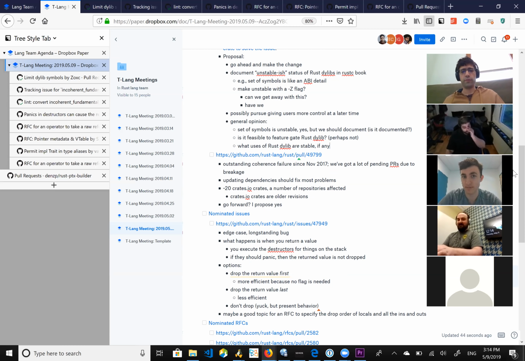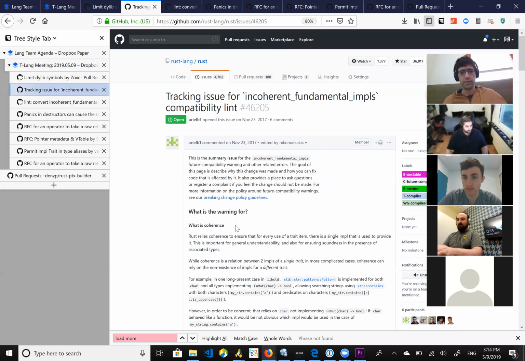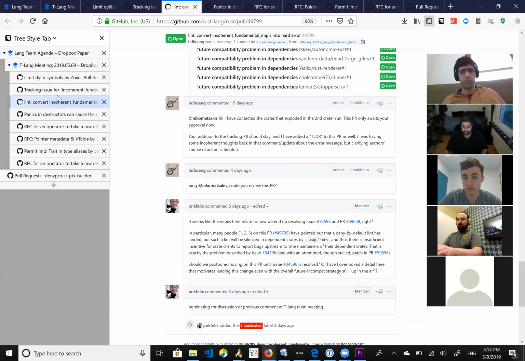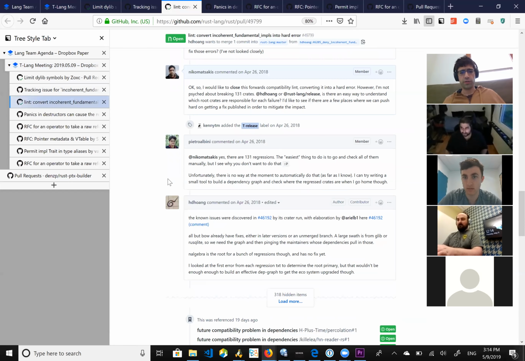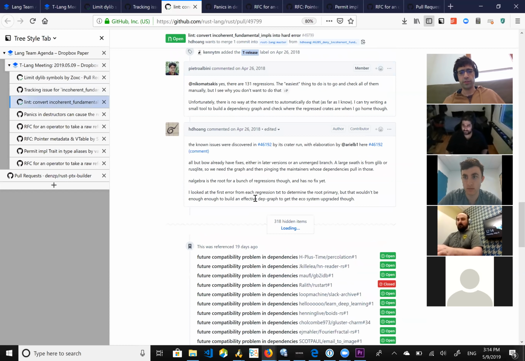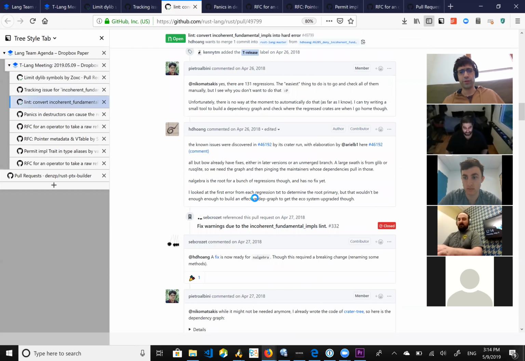We want to go forward with converting this from a warning to a hard error. The set of crates that I saw that were affected were pretty much all 0.1 crates. Oh, it takes forever, just loading the number of PRs this heroic person opened. It overloads GitHub.